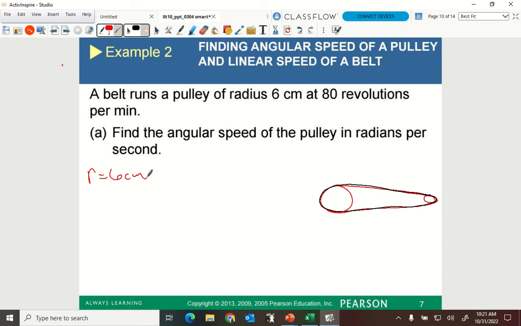So what is the whole circle in radians? Say it again. A whole circle's how much? In radians, 2 pi.